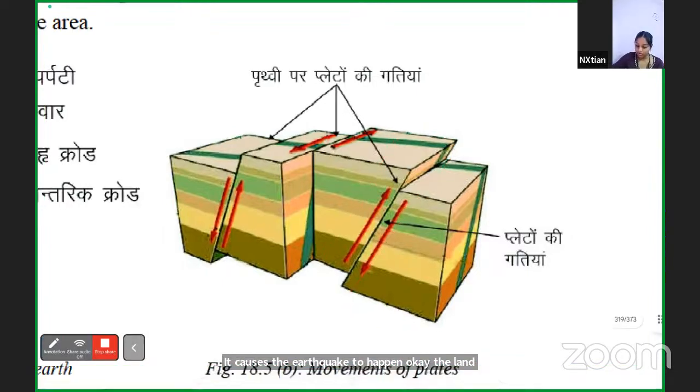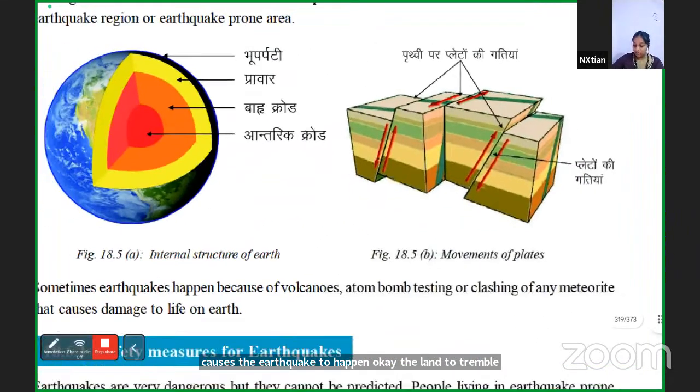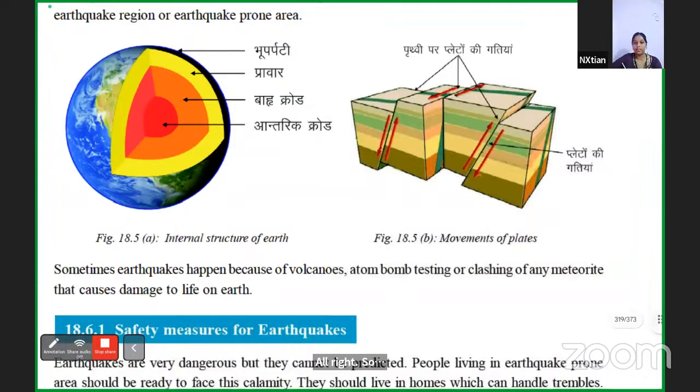All right. So this causes earthquake. Now, one clip we will see again of this concept in detail, how the movement is taking place, which is causing the earthquake.